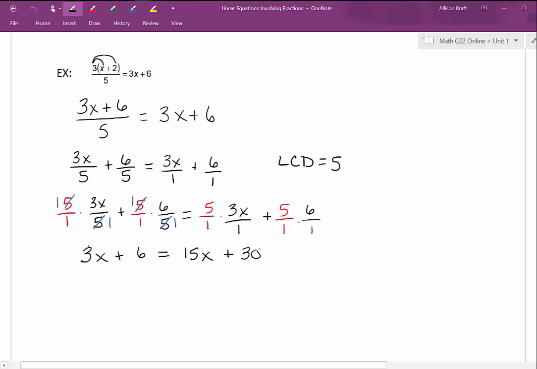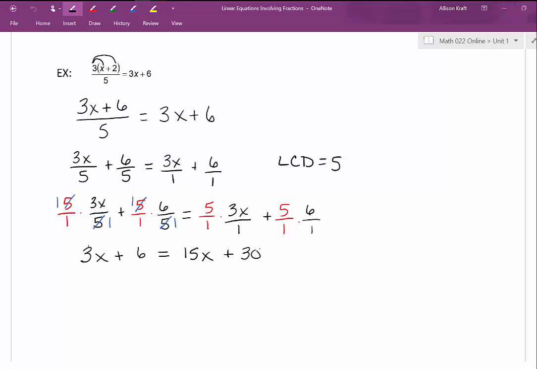I've eliminated parentheses, I've eliminated fractions. I check for like terms to combine on each side of the equation. I don't have any. Next, we want to get all of our variable terms on one side of the equation, all of our constant terms on the opposite side. We notice that we have both variable and constant terms on both sides of the equation. Therefore, we have a choice of which side of the equation we'd like to move the variables to.